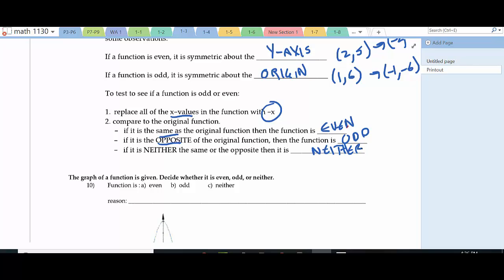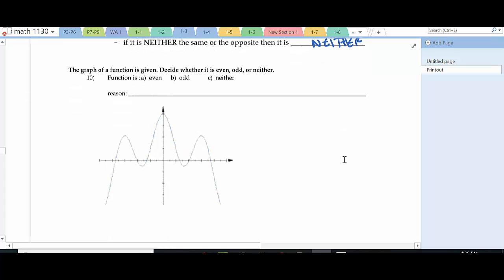Okay, let's take a look at this one. What does this look like to you? Remember, even is symmetric about y. Odd is what? Symmetric about the origin. How does that look symmetric? About y. So that's going to be symmetric about the y-axis. So it's an even function, and you can write on there, it's symmetric about the y-axis.